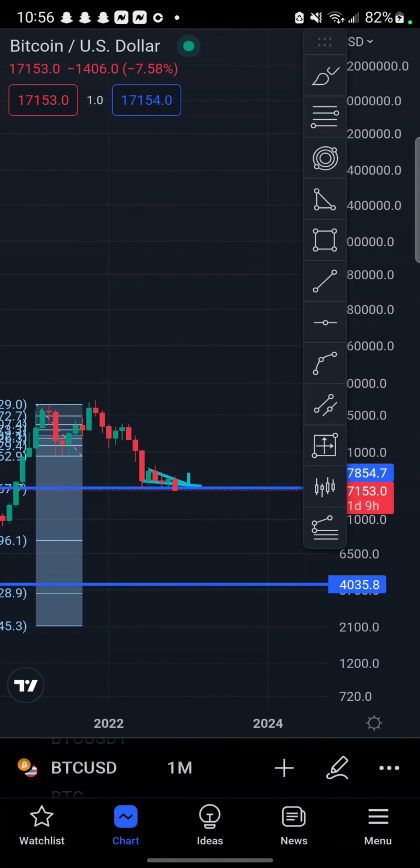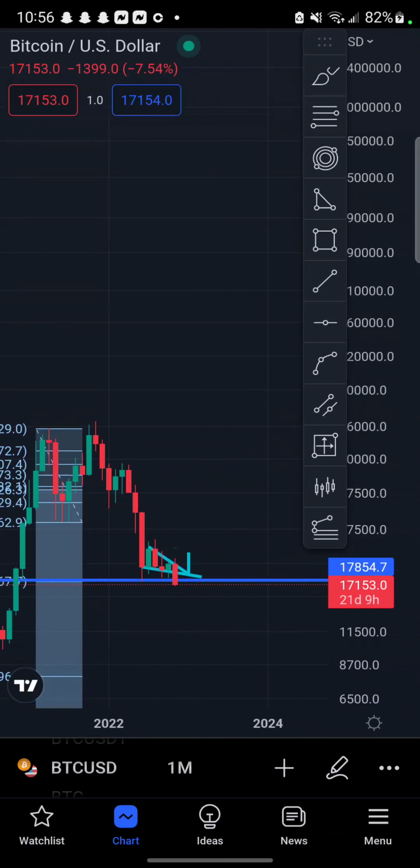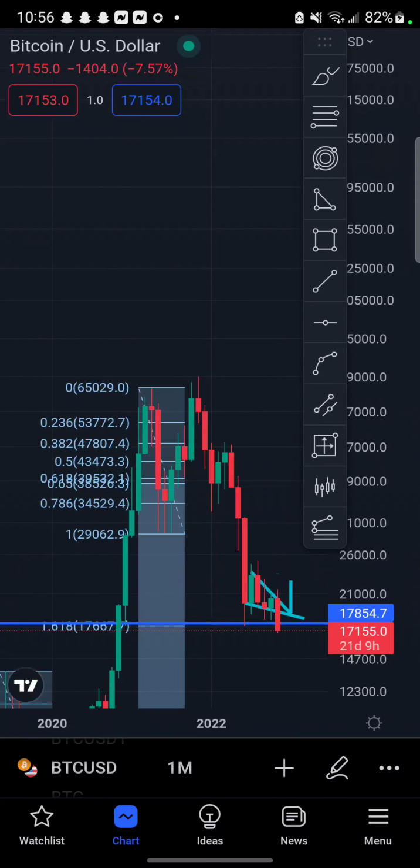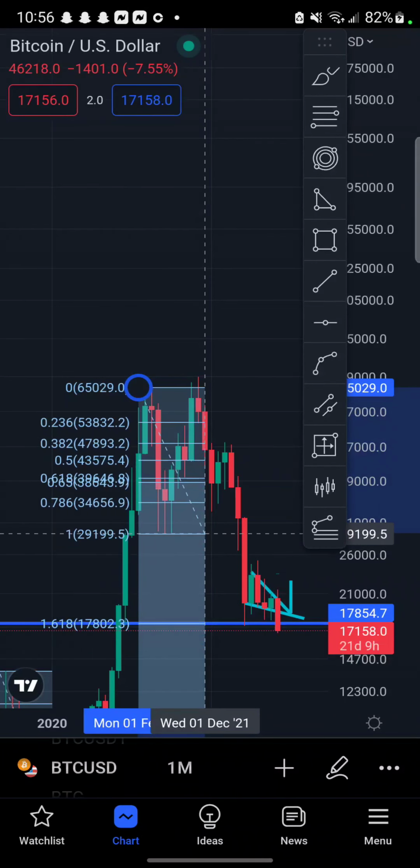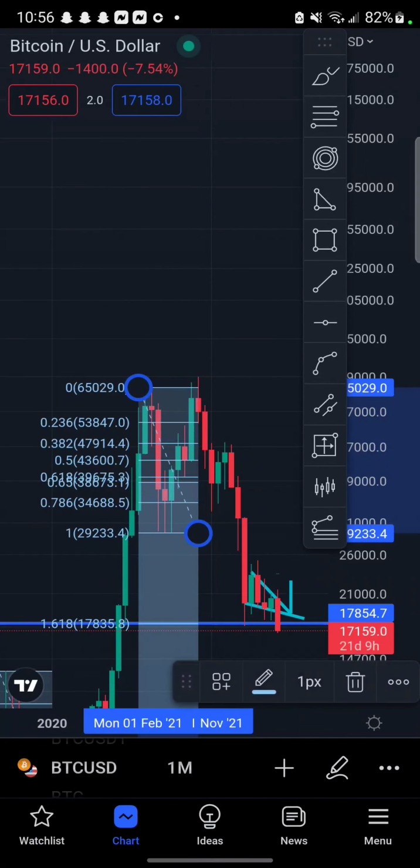So we just pretty much got to be patient. Once again, this Fibonacci strategy may or may not play out, but in the past it's been playing out almost perfectly.